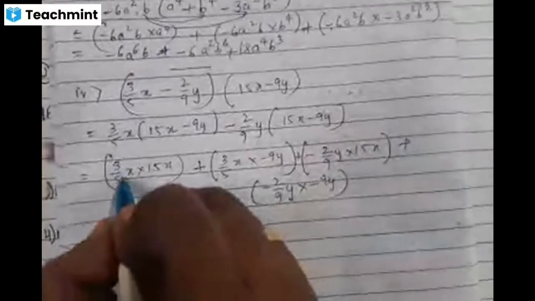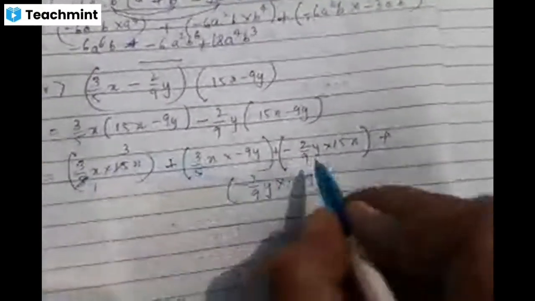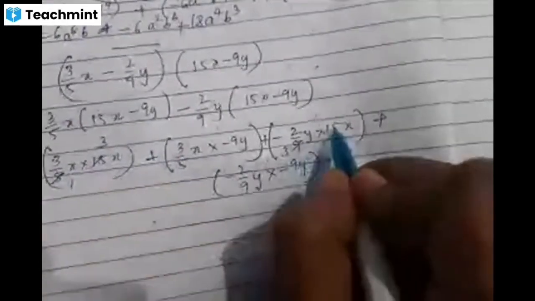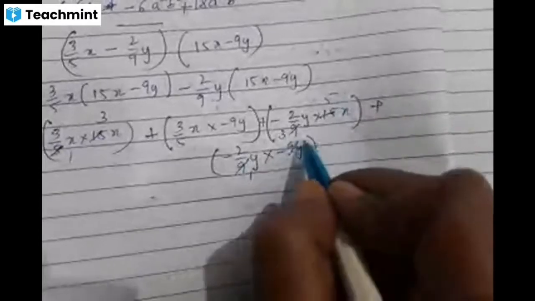Now common terms, let us cancel. 5 1s are 5, 3s are. Here you have 3, 3 3s are, 3 5s are. 9 1s are 9, 1s are.